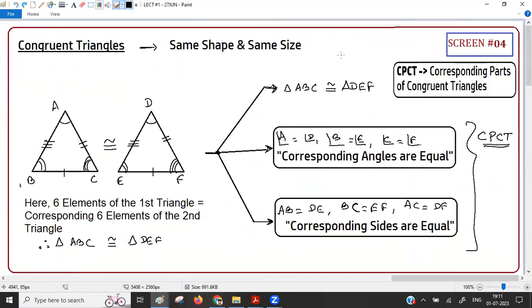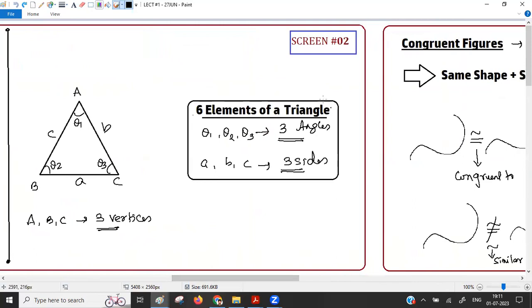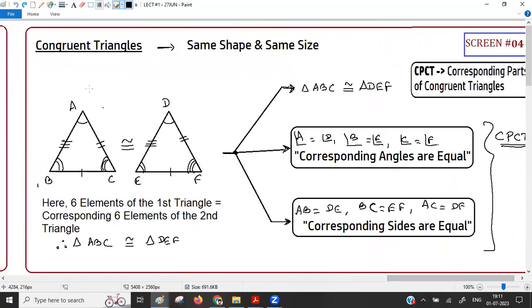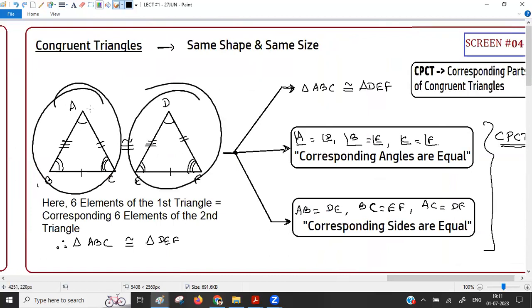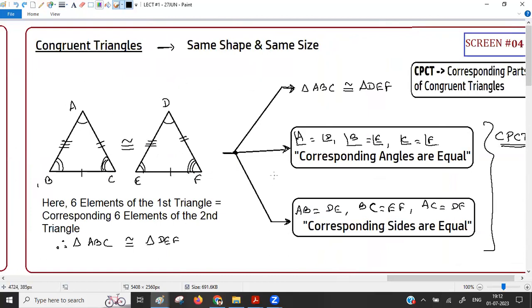So for that, we have taken the support of the 6 elements, which means you can say two triangles are congruent when the 6 elements of this triangle are equal to the corresponding 6 elements of the other triangle. Then these two triangles are congruent.